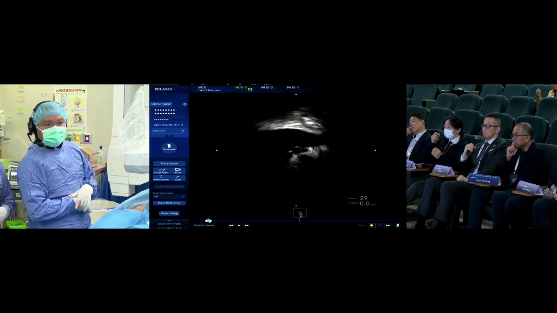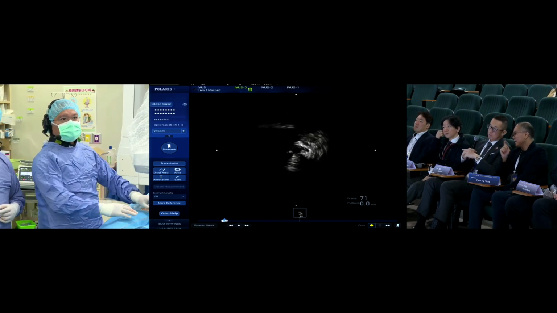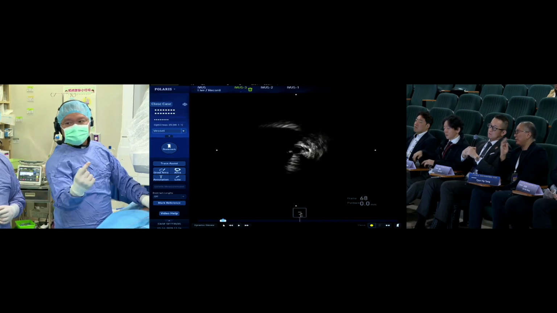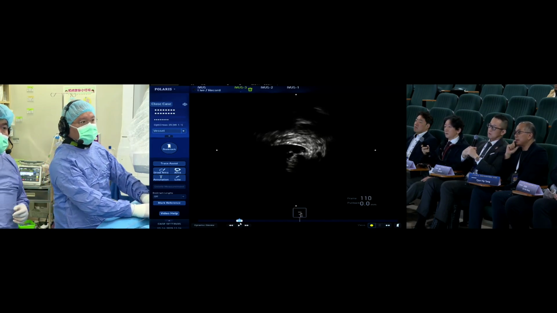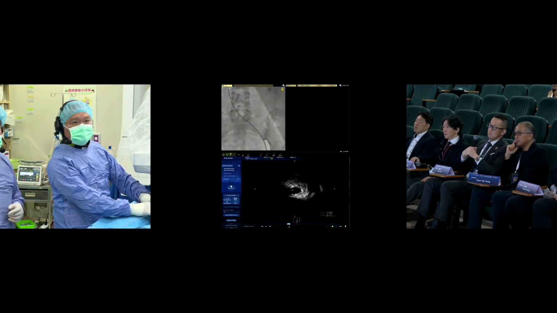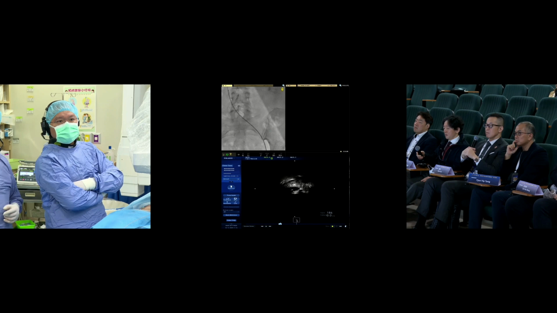This is the 035 IVUS system. IVC, and we can see the compression here. There's a very severe compression here.